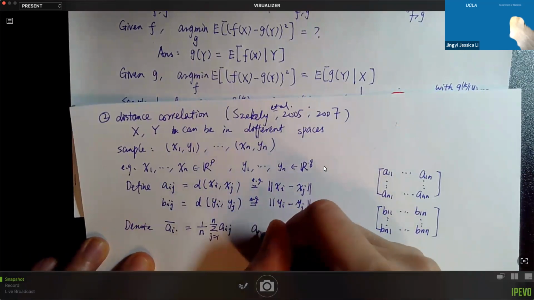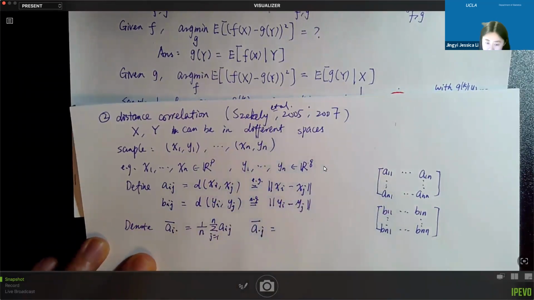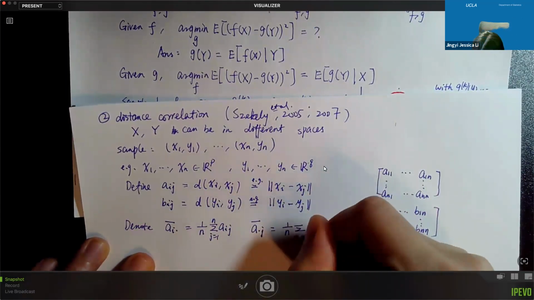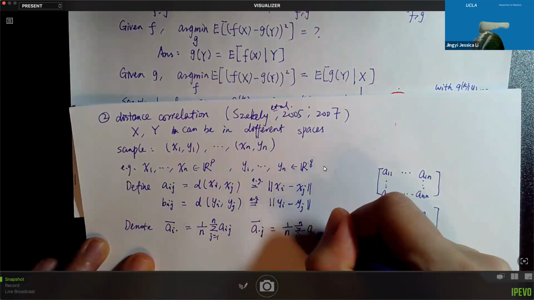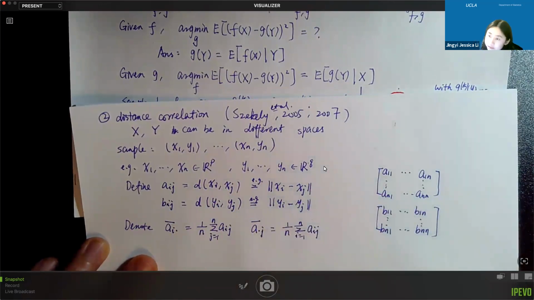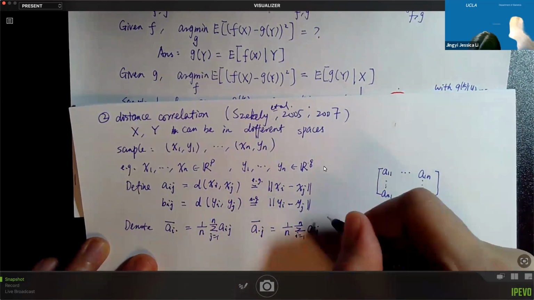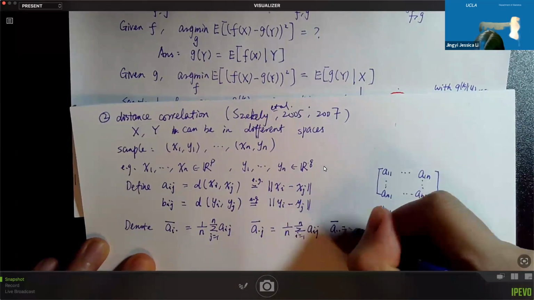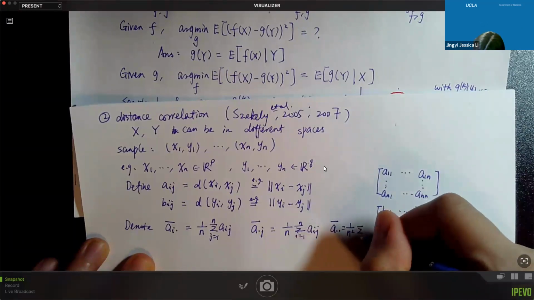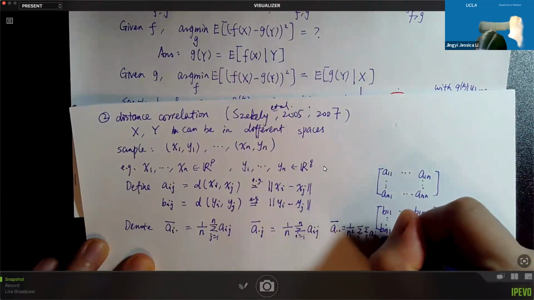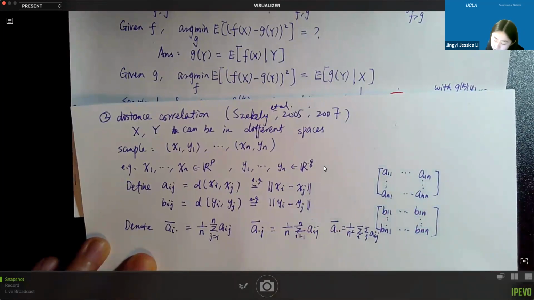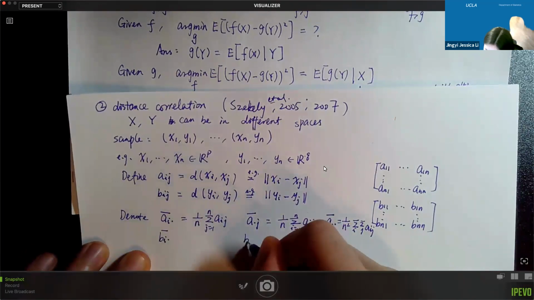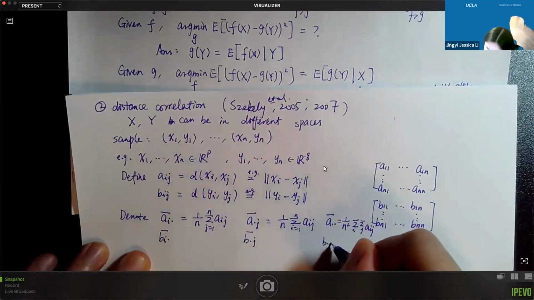A dot j bar is column j's average, and it's just 1 over n, summation of aij, where i goes from 1 to n. And I have the overall mean, which I call a dot dot bar. It's just 1 over n squared, summation over i, summation over j, aij. That's the overall average. And similarly, I will define bi dot bar, b dot j bar, and b dot dot bar.